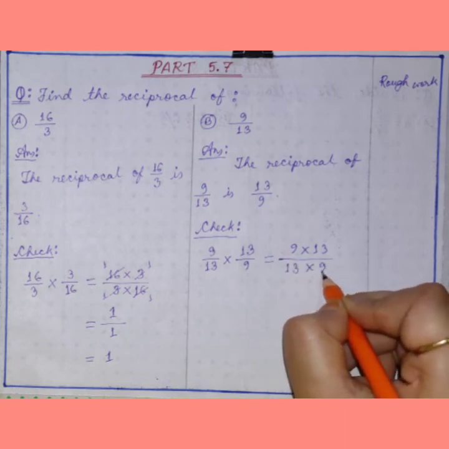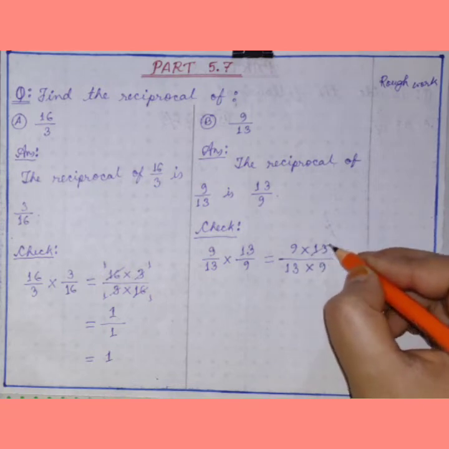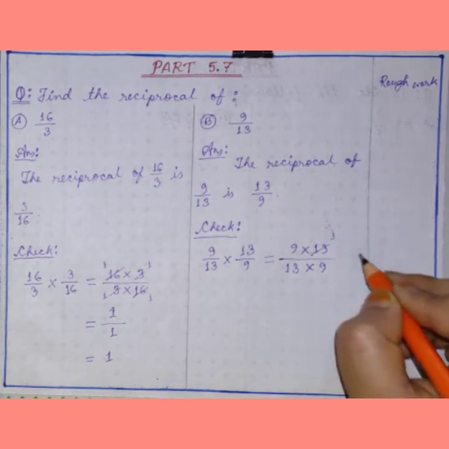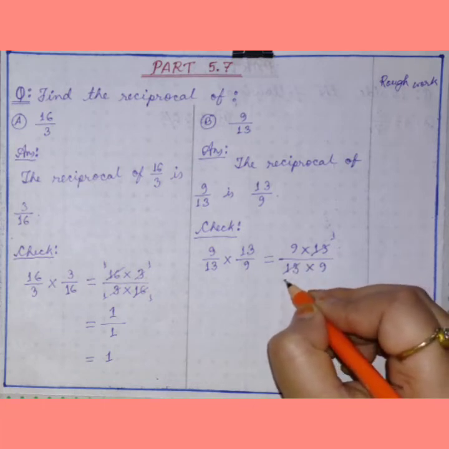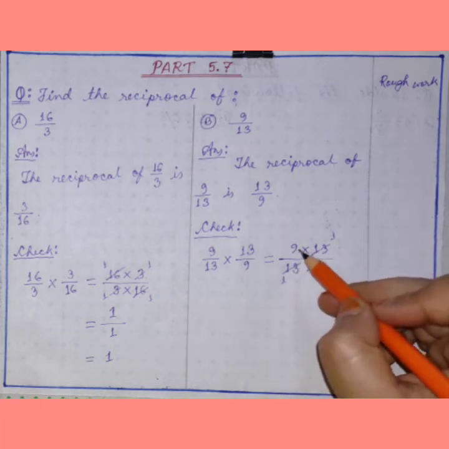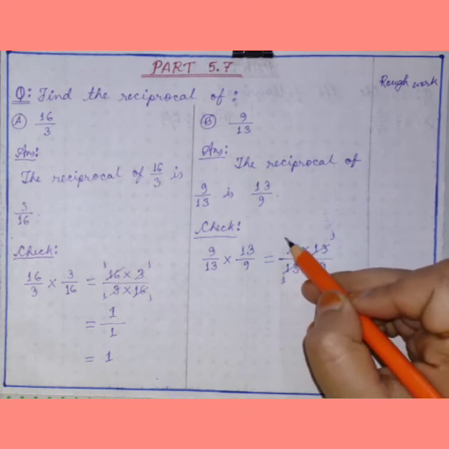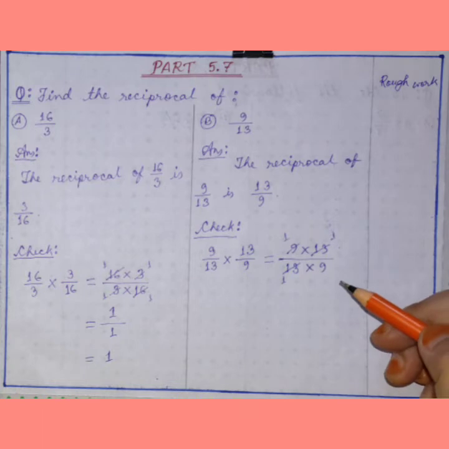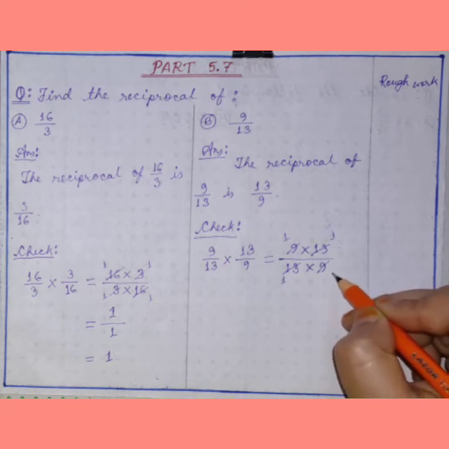Here also we can cancel the numbers. 13 can be divided by 13, we get 1. This 13 also can be divided by 13, we get 1. Again, this 9 can be divided by 9, and we get 1. And this 9 also can be divided by 9, we get 1.